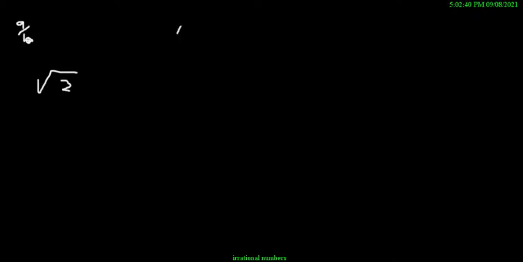For example, 0.333 is rational. But for irrational, we're going to have numbers like 0.124568. You really cannot come up with a fraction version of this because it won't be accurate.